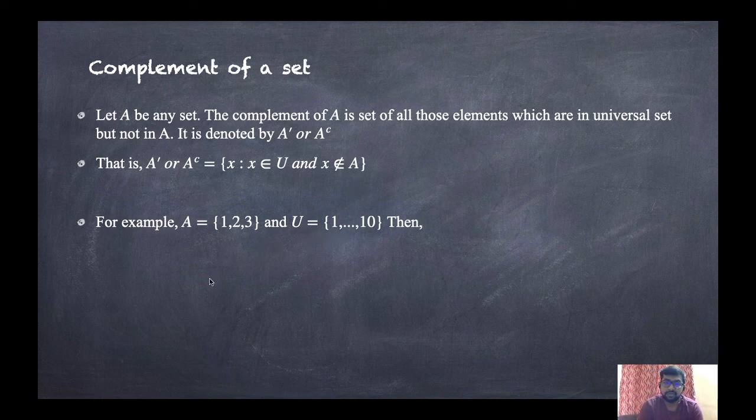So what will be A dash or the complement of A? Except 1, 2, 3, all the elements will be in the complement. So 4 to 10 will be in A dash.